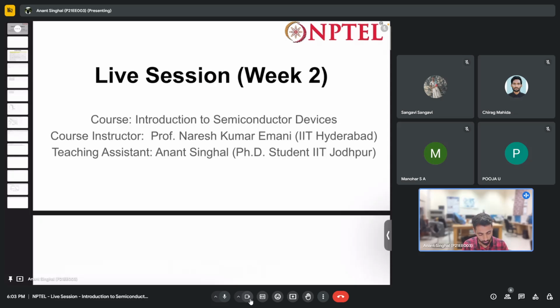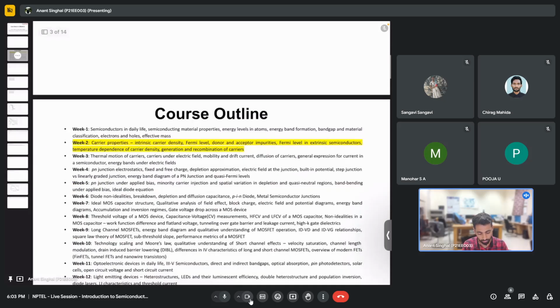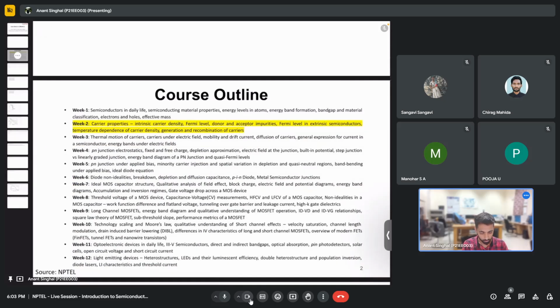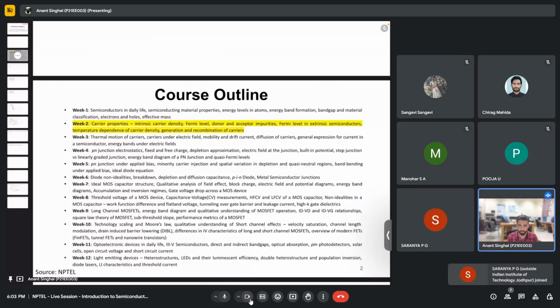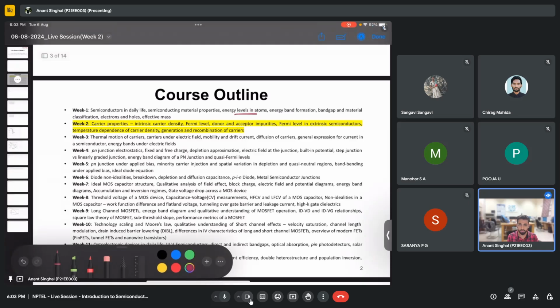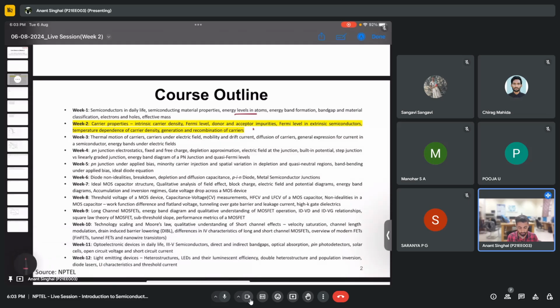So this is the course outline that we had discussed last week also. Week one consisted of very simple topics such as semiconductor devices, very basic in daily life. Then we read about energy levels, how they come, and some questions from Schrodinger's equation and band gap, etc. Now this week we'll be covering some of the carrier properties.